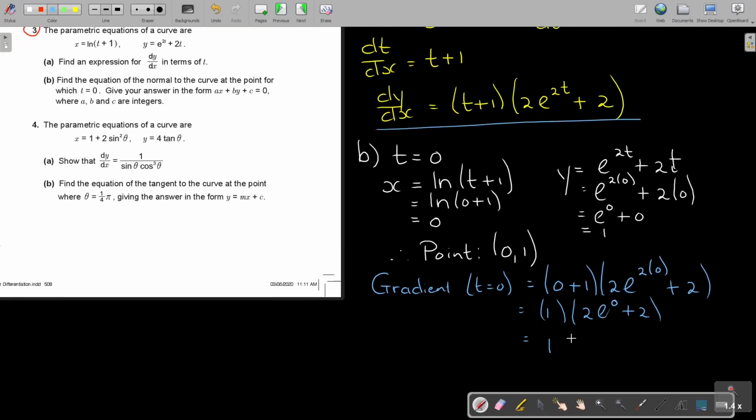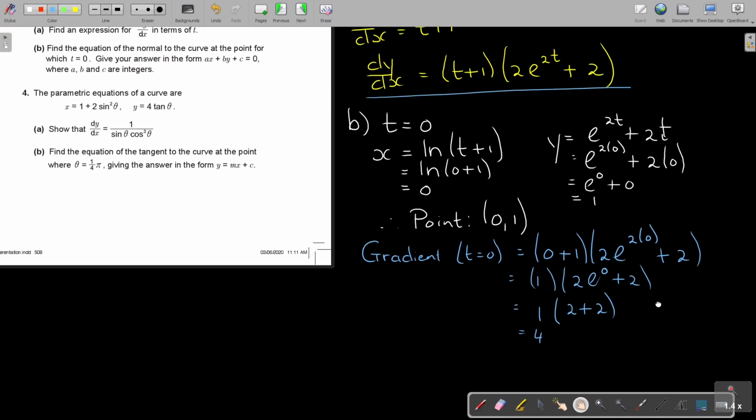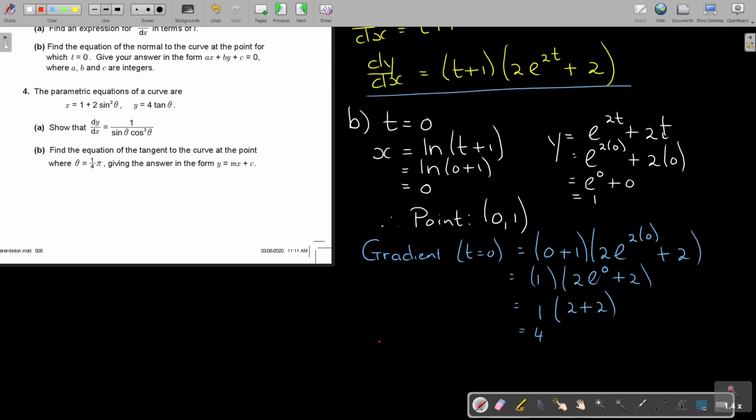And that e to the power of 0 is 1, so that's 2 plus 2, and that's just going to be 4. So therefore, that's the gradient of the tangent. So therefore the gradient of the normal: change it around, so it's a quarter, and change the sign.